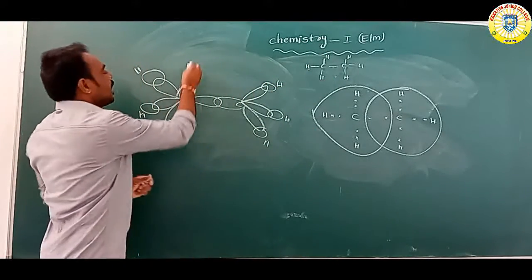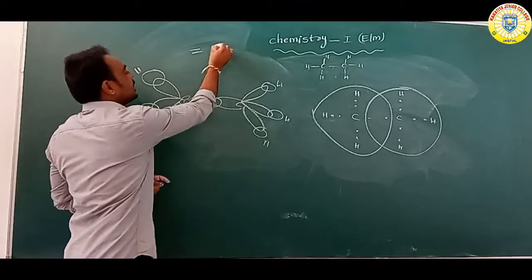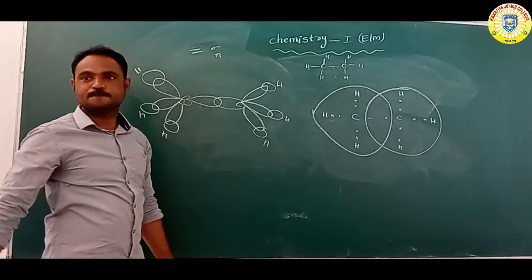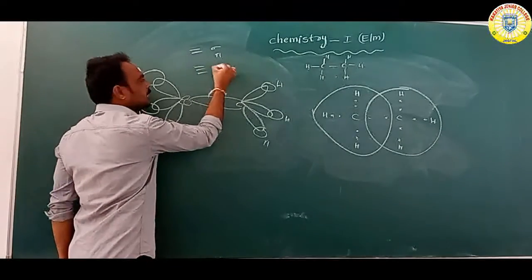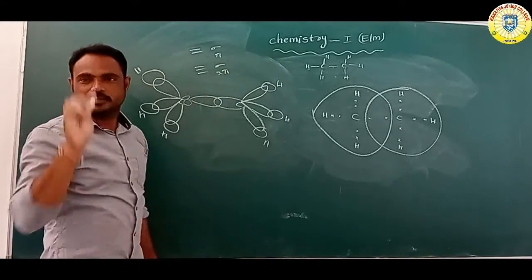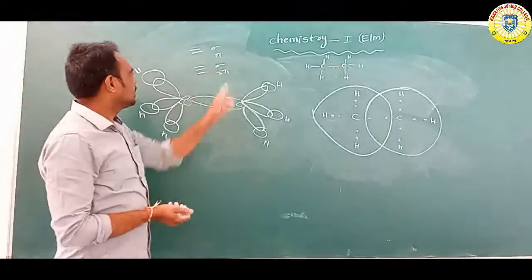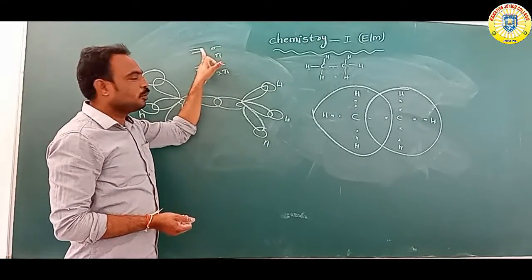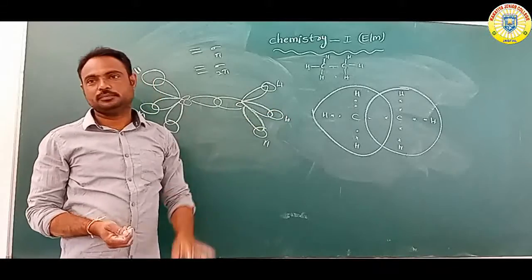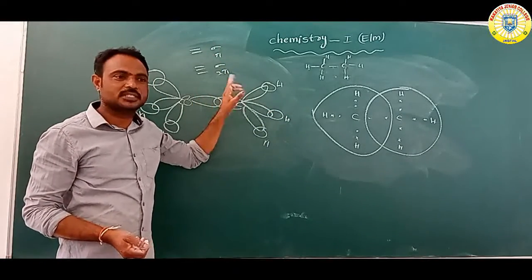Suppose there is a double bond. A double bond means 1 sigma, 1 pi. A triple bond means 1 sigma, 2 pi. A sigma bond is a strong bond, and a pi bond is a weak bond.